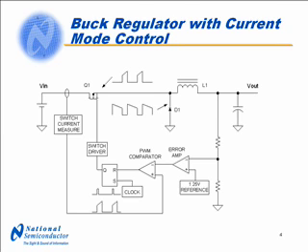Each period, the modulation of Q1 is controlled as follows. First, the clock period expires and it sets the RS flip-flop, setting the output high. Then the level shifter and switch gate driver activates to turn on Q1.